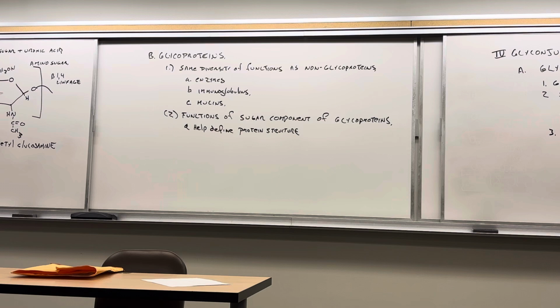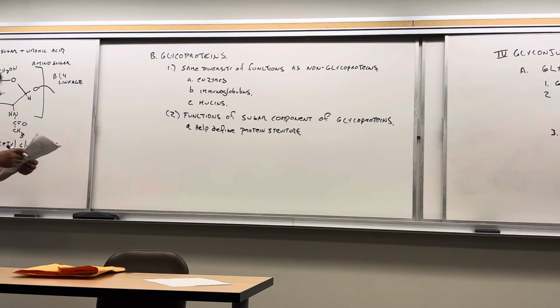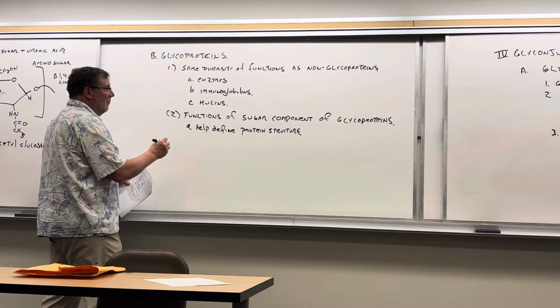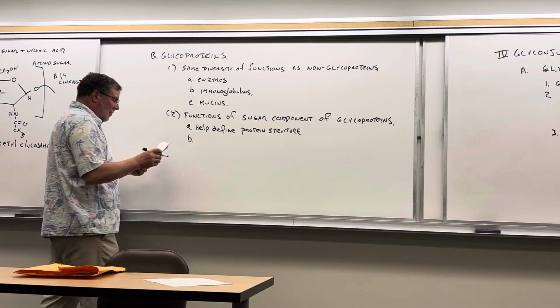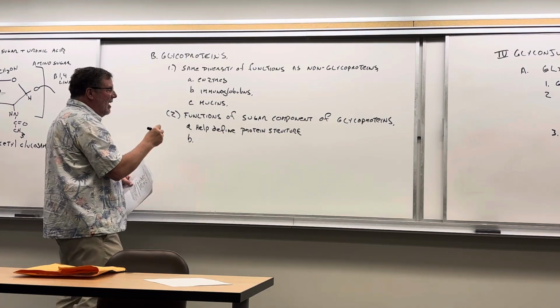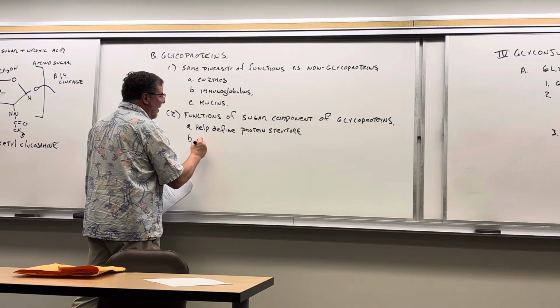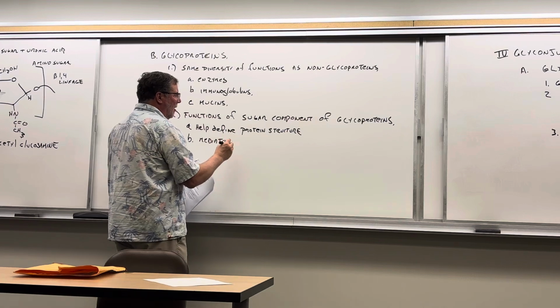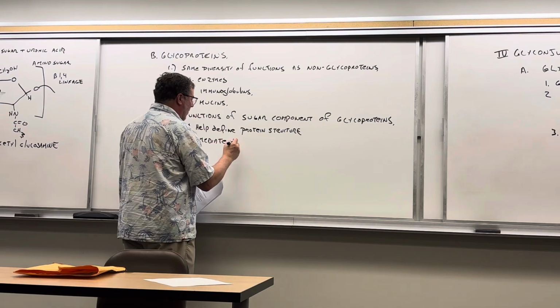So you can imagine now that if you have a polypeptide that has a bunch of sugars attached to it, those sugars are going to ultimately influence the overall structure of the protein. Secondly, they'll mediate recognition events. I think I referred to this a little bit when I introduced carbohydrates.